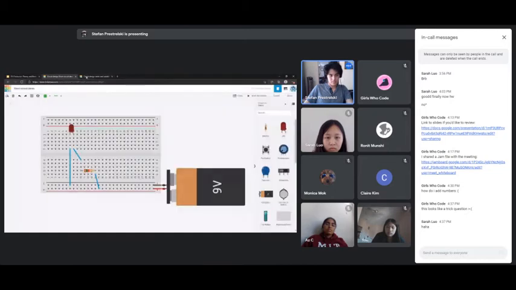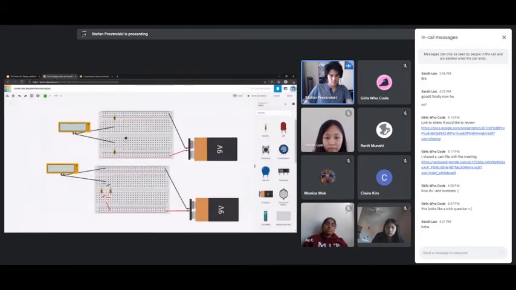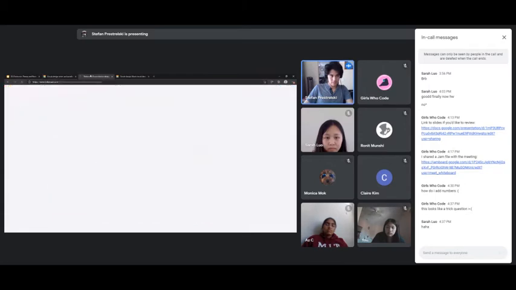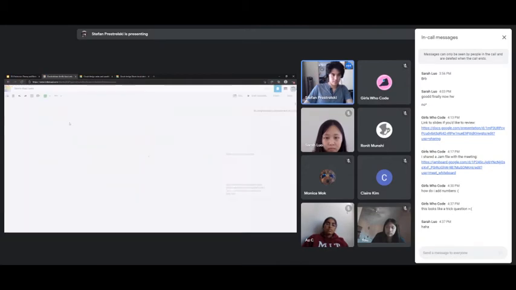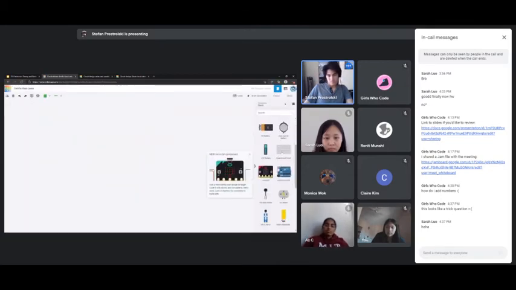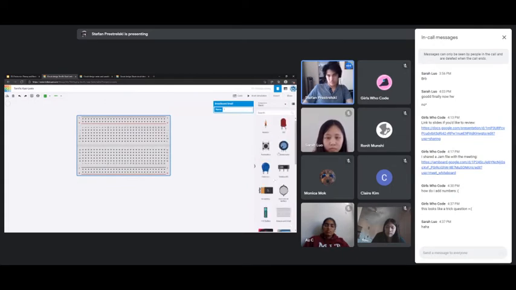So first I'm going to demonstrate our little series and parallel demonstration. First things first, just going to go onto Tinkercad and create a brand new circuit. Going to load in this breadboard.